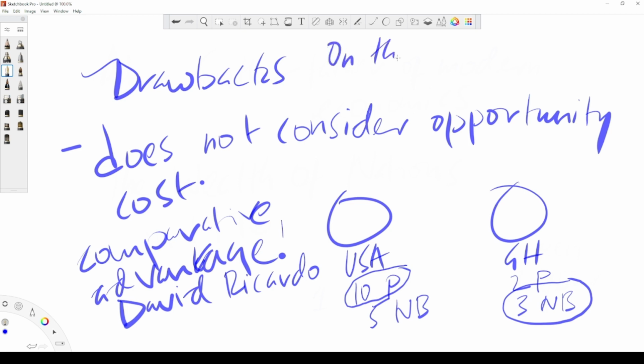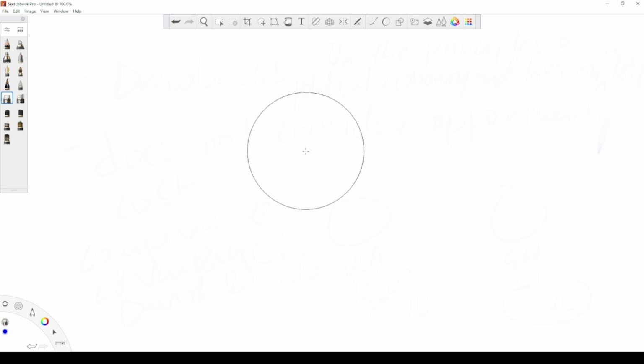Another major drawback of the concept of absolute advantage is that it looks at just who is better at making something as a reason for trade.